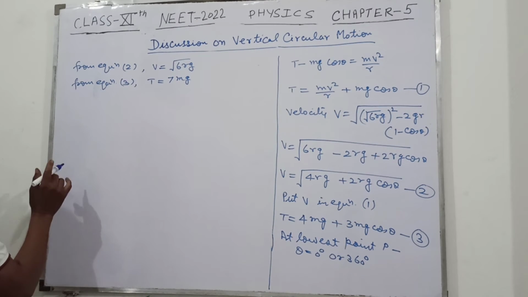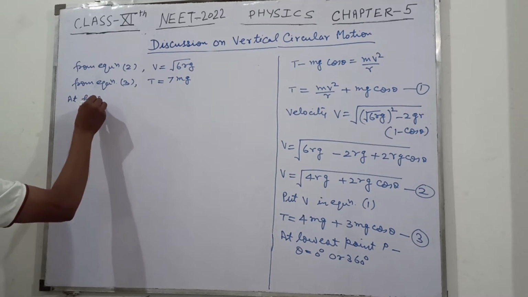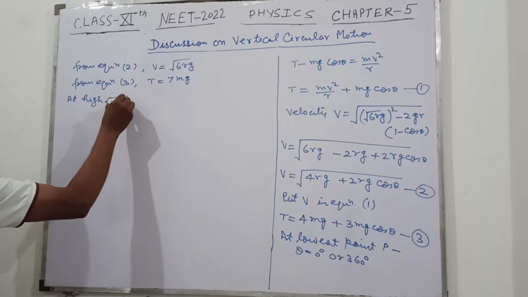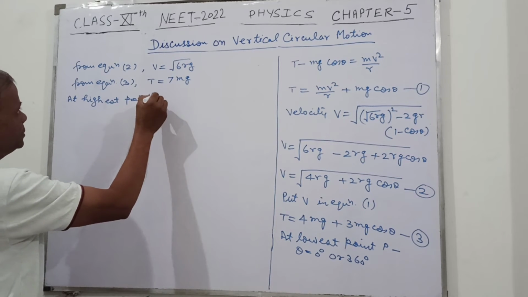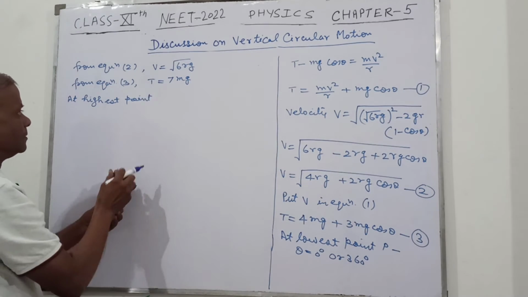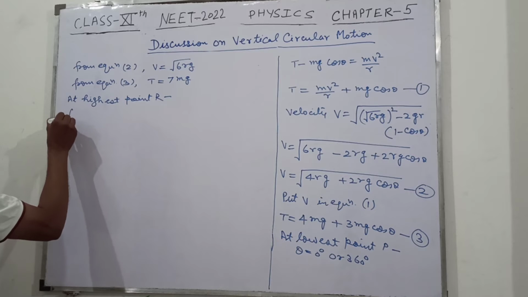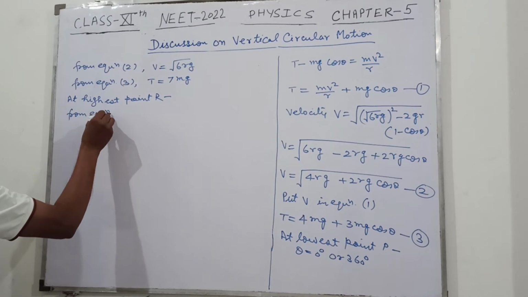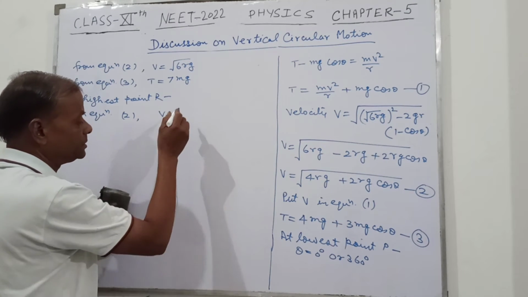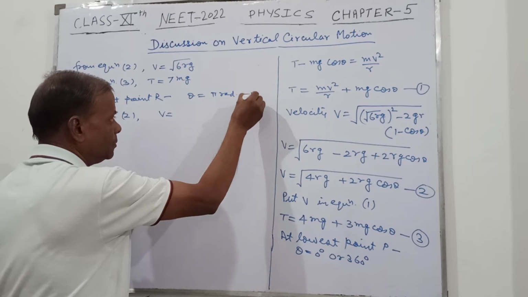Then what about at the highest point? At highest point, from equation 2, v is equal to, at this point, theta is equal to pi radian or 180 degree.